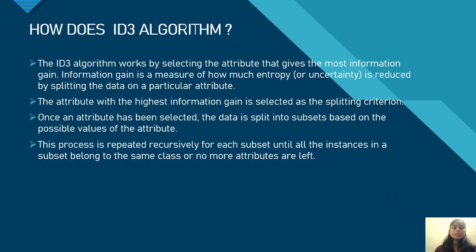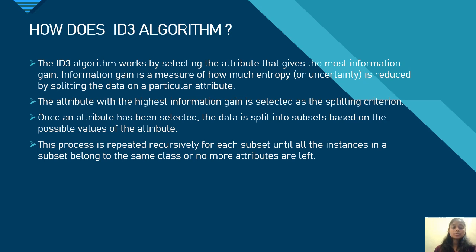How does the ID3 algorithm work? The ID3 algorithm works by selecting the attribute that gives the most information gain. Information gain is the measure of how much entropy is reduced by splitting the data on a particular attribute. The attribute with the highest information gain is selected as the splitting criterion.